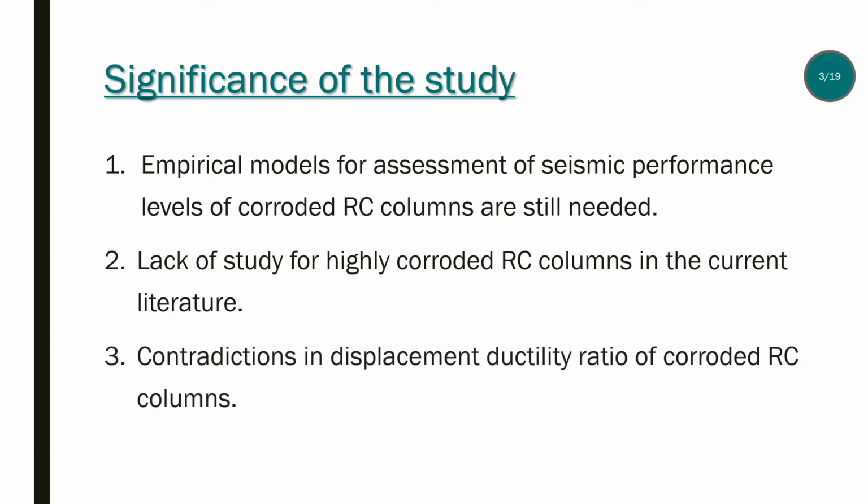The third and main significance of this study, there are some contradictions regarding displacement ductility ratio of corroded reinforced concrete columns in the current literature. Contradictions on the displacement ductility ratios can be explained as follows.